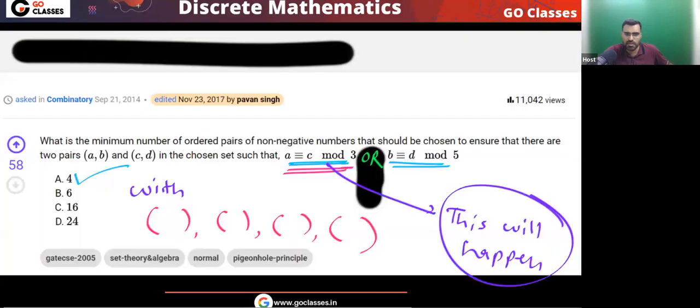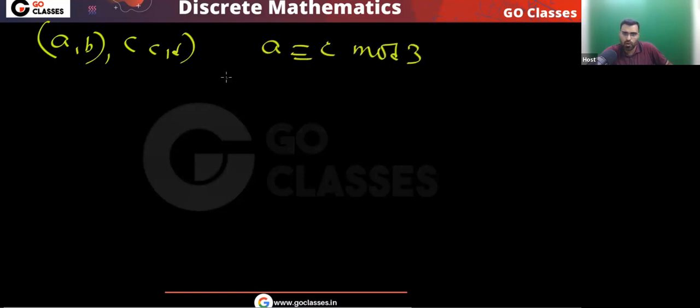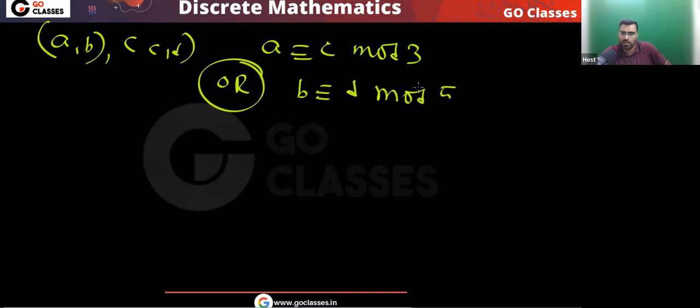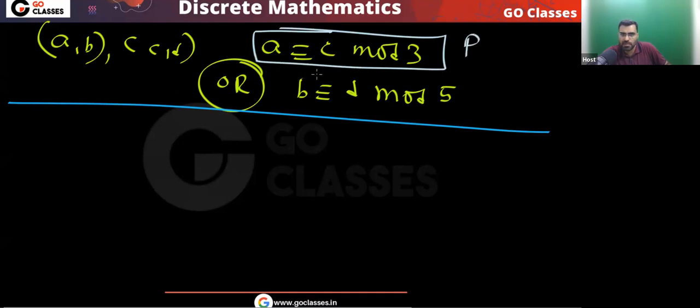See, I have this condition: A, B, C, D, and I am saying that either A is congruent to C mod 3, or there is OR here, B is congruent to D mod 5. Now in this question, if you take 4 ordered pairs, then either this should happen, let me call it P, or this should happen, let me call it Q.